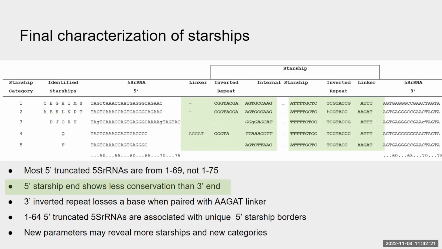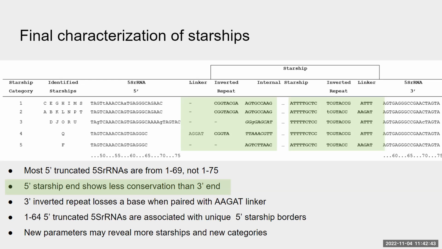Our 5' starship end shows less conservation than the 3' end. Here we can see similarities between all 5 starship categories. Not all of them have an inverted repeat on this end. Only one starship has a linker on this end. While on the 3' end, they all have an inverted repeat and they all have some sort of linker.